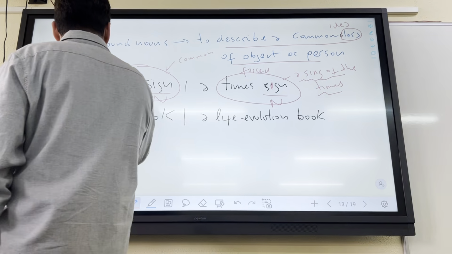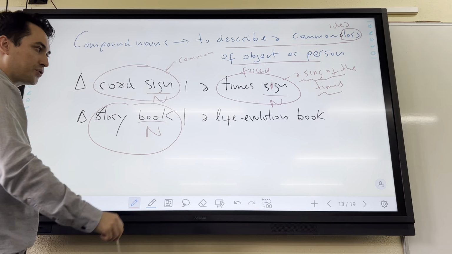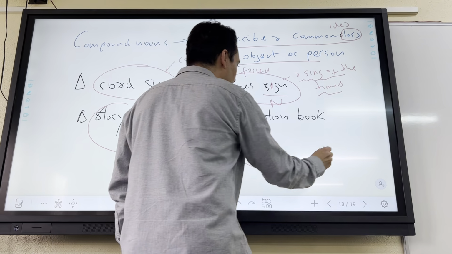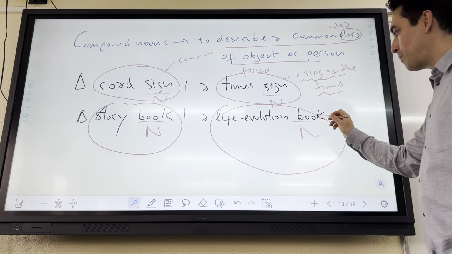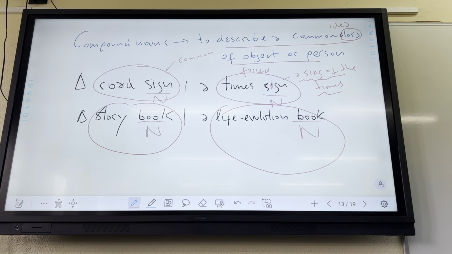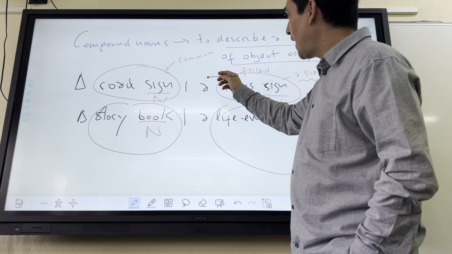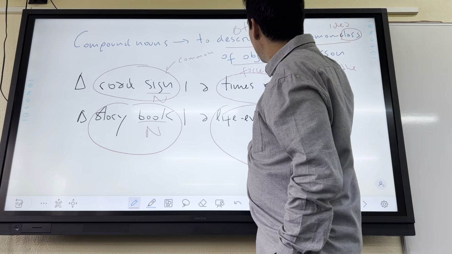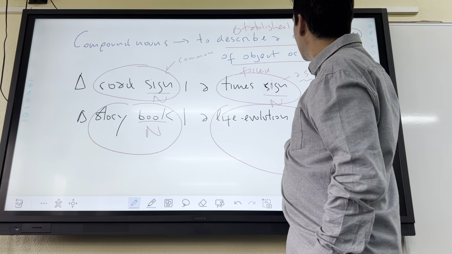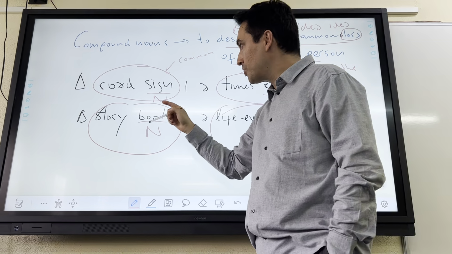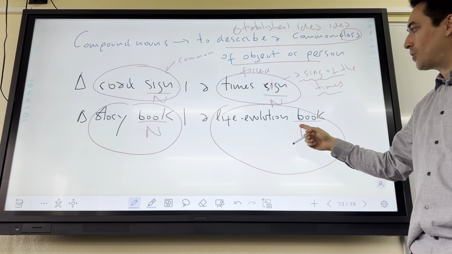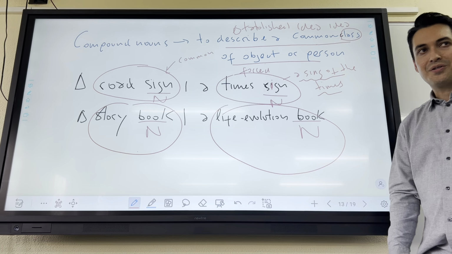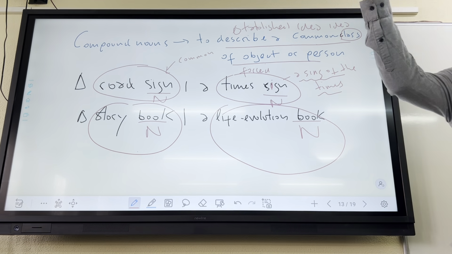Have a look at this. A storybook. Book is the most important word. A life evolution book. Which one do you think is more common? Storybook. So storybook is an established idea, so it's a compound noun. However, this is not a very well established idea. You don't see life evolution books every day.